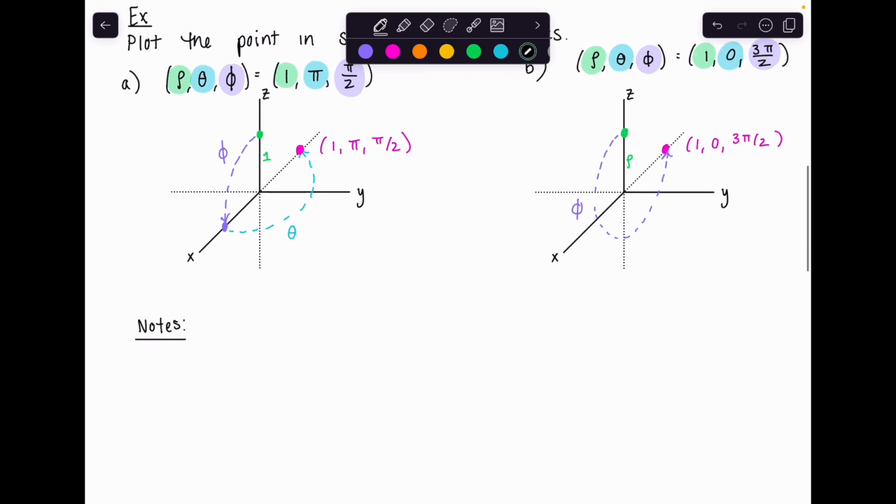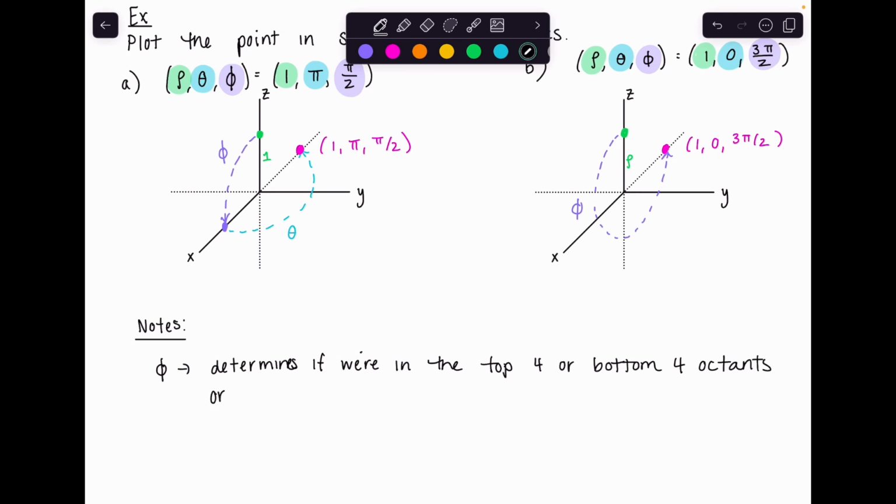So phi is basically going to put us in the top 4 octants or bottom 4 octants, or technically in the xy plane, like these last two examples.